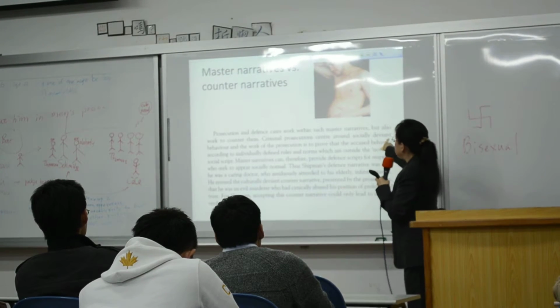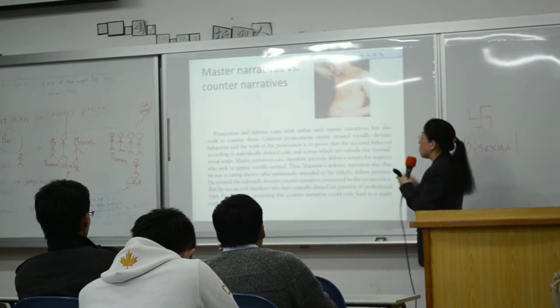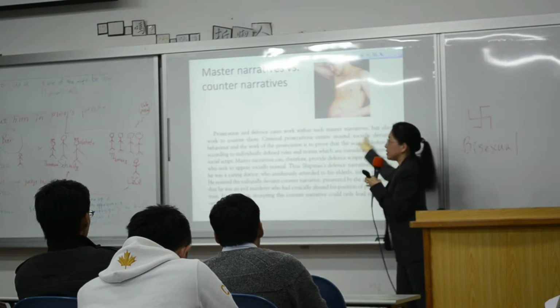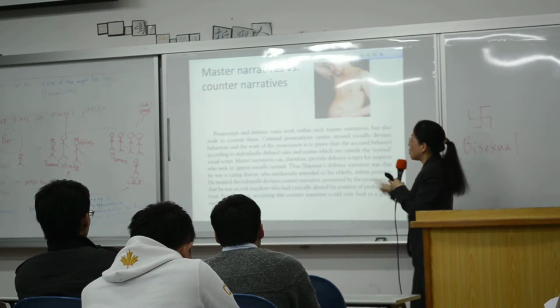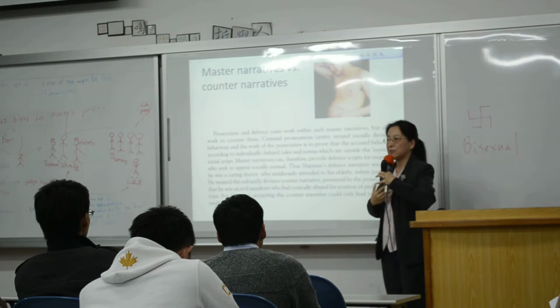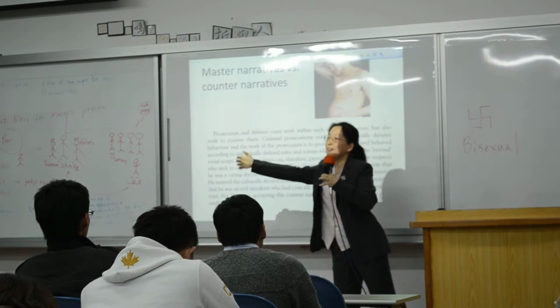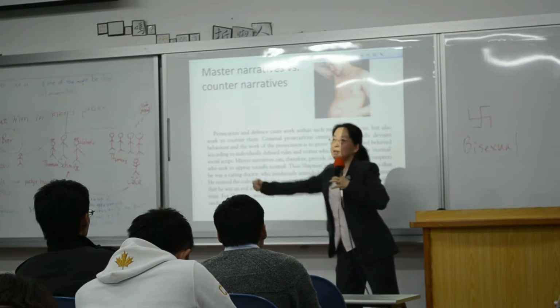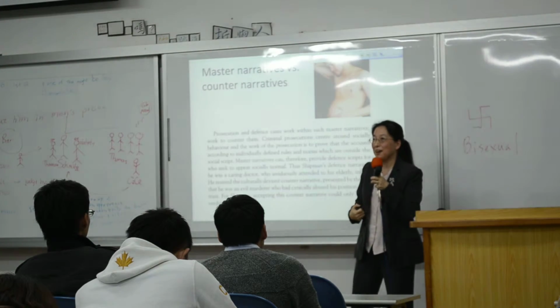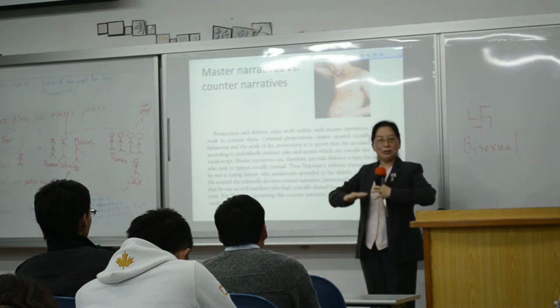Now, it says, prosecution and defense cases work within such master narratives, but also work to counter them. So we have to construct master narratives to introduce this person, and also another counter narrative to knock this person down. Okay? You have one version to build up a normal person.